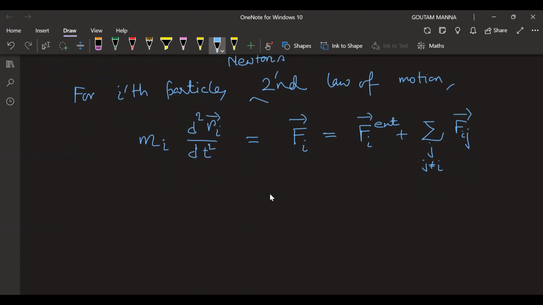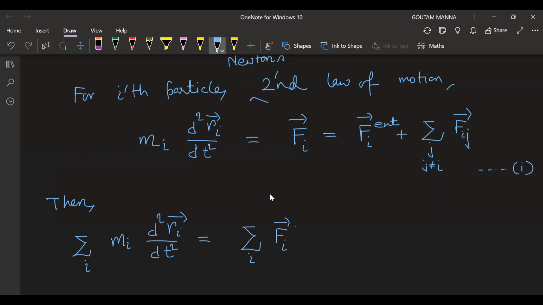So then, let's call this equation 1, and if we sum equation 1 over all the particles, then the sum over all i of m_i d2 r_i by dt2 is equal to the sum over all i of F_i external plus the sum over all i, sum over j not equal to i, of F_ij.